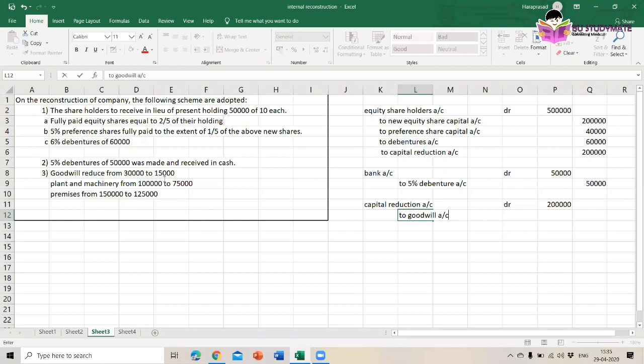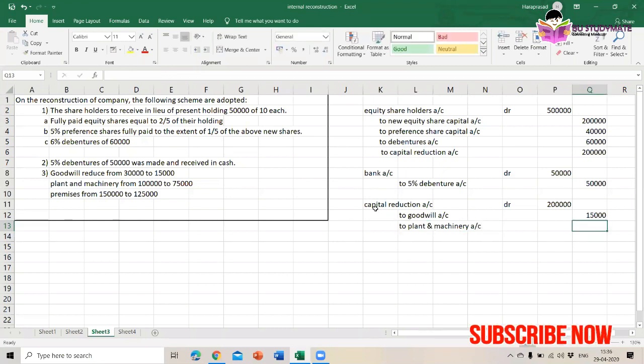So it comes to 15,000. 30,000 minus 15,000, you get 15,000. Then to plant and machinery, how much? From 1 lakh to 75,000.